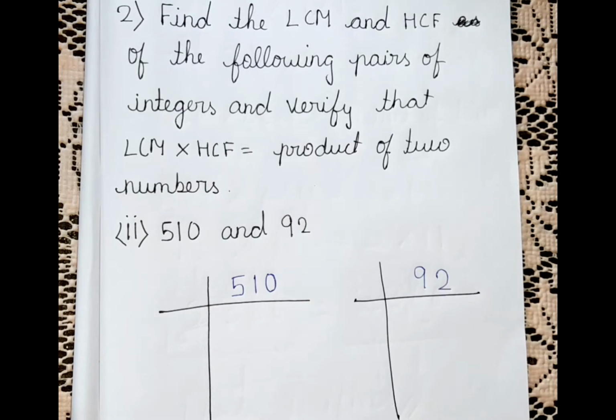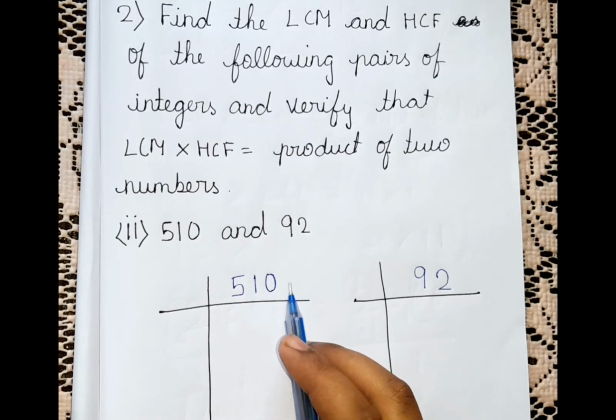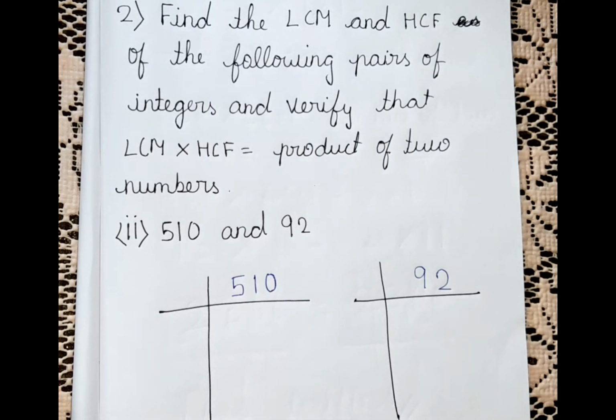First of all, as you can see, in 510 the last digit is 0. That means we can take the 2 table. In this also we are only going to take the prime numbers. Whenever you are finding the prime factors, you have to take the prime numbers.